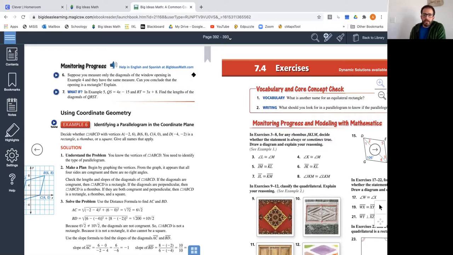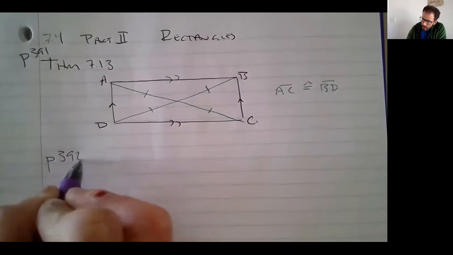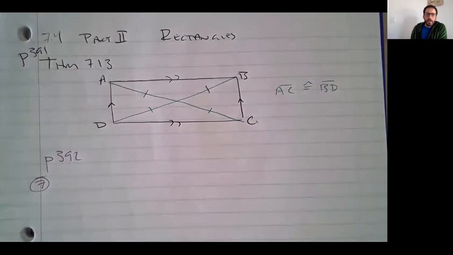Number 7. I'm going to switch back to my notebook. You can copy down number 7 and also look at example 5 with me. So this is page 392, number 7.